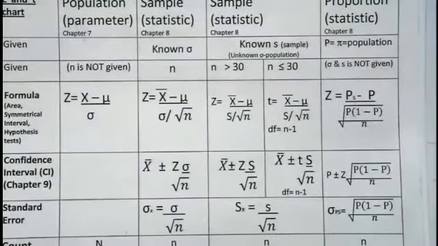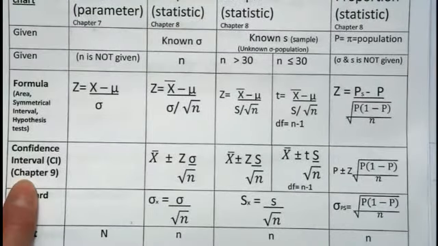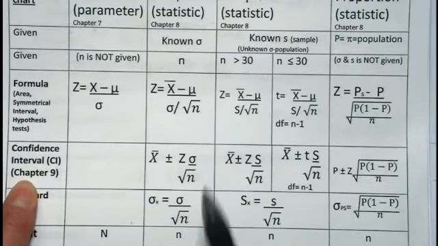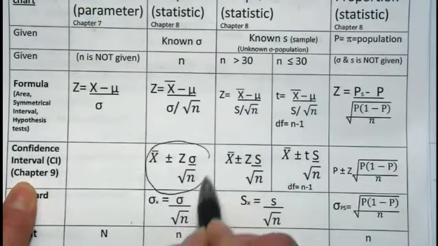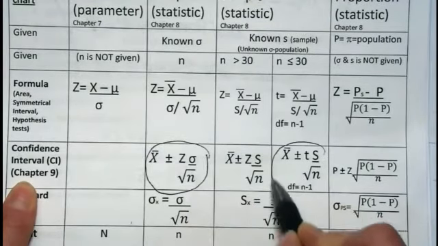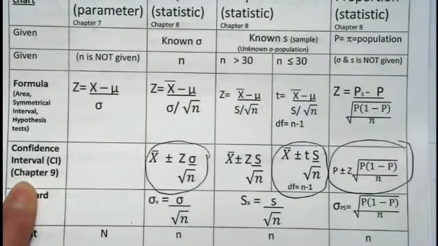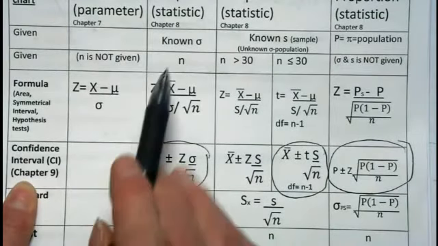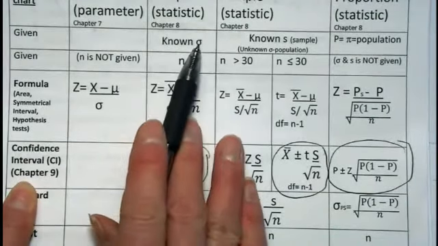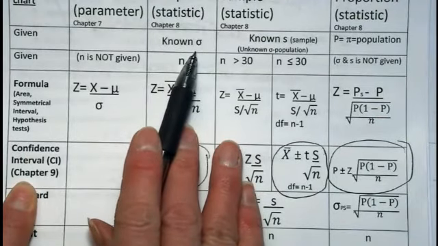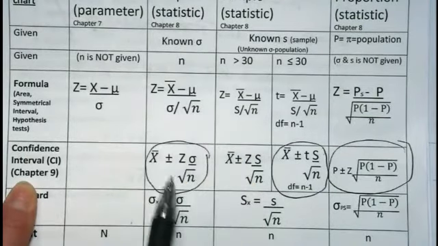If you look at my chart, I say confidence interval. Chapter 9, you can bring this to a test. We are going to use this formula, or this formula, or this formula. Right now, since you know your population standard deviation in this problem, it's 2,050, we are going to use that confidence interval formula.